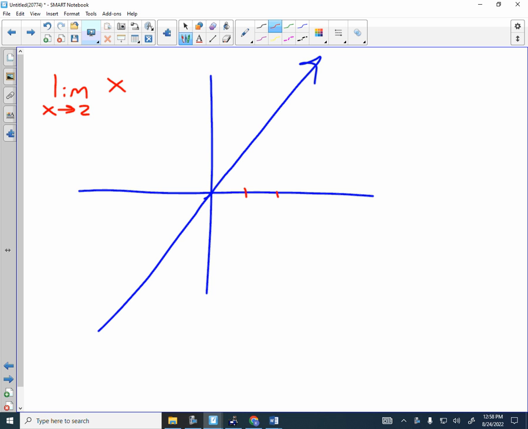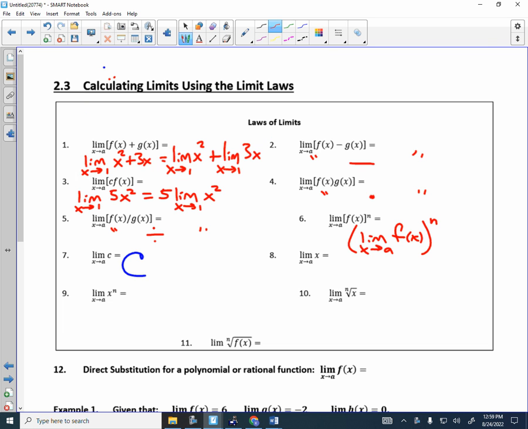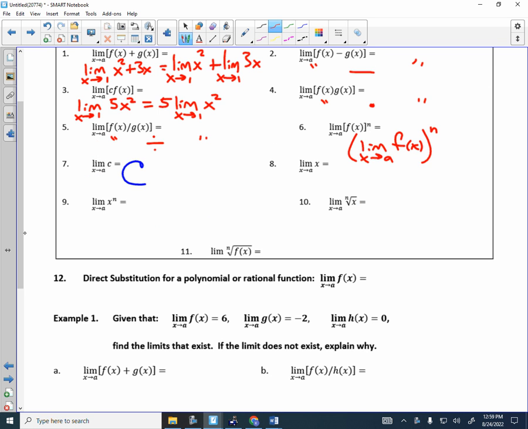Does anybody know what the height of the function is at 2? It is 2. So as x approaches 2 from the left, as x approaches 2 from the right, it's going to be 2. So the limit as x approaches a is always going to be just a. Whatever we're approaching, that's what you plug in, you'd get a in that situation.